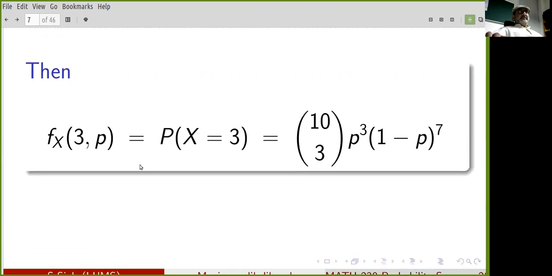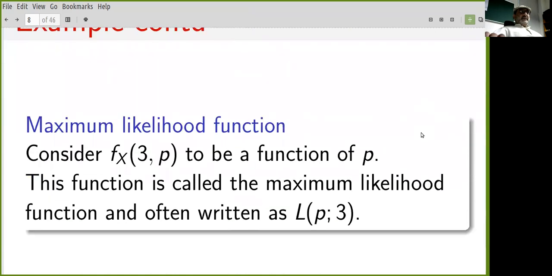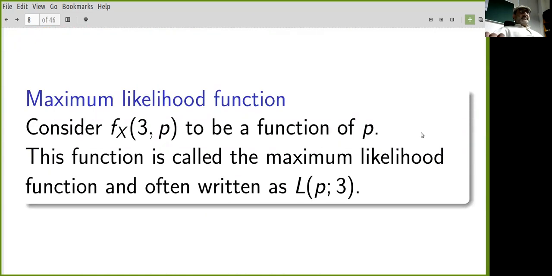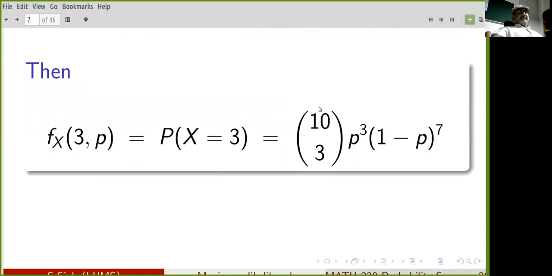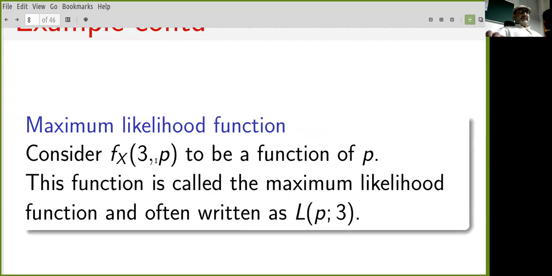Then the probability that x is equal to 3, those are the 3 that I got, would be 10 choose 3, p to the 3, 1 minus p to the 7. Now consider this as a function of p. The probability of getting 3 h's is a function of this p, and we call that function the maximum likelihood function.